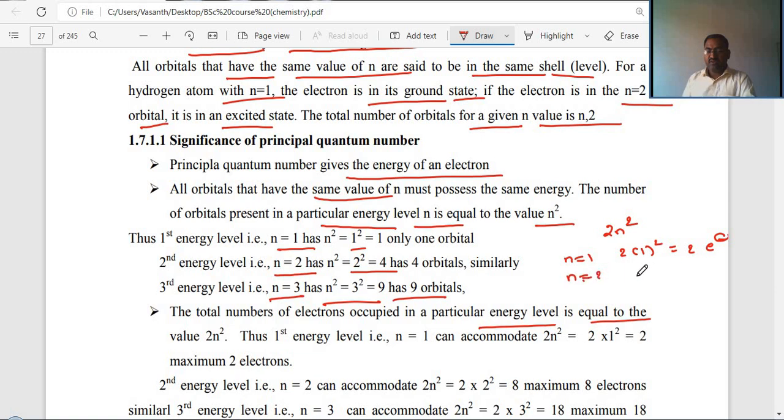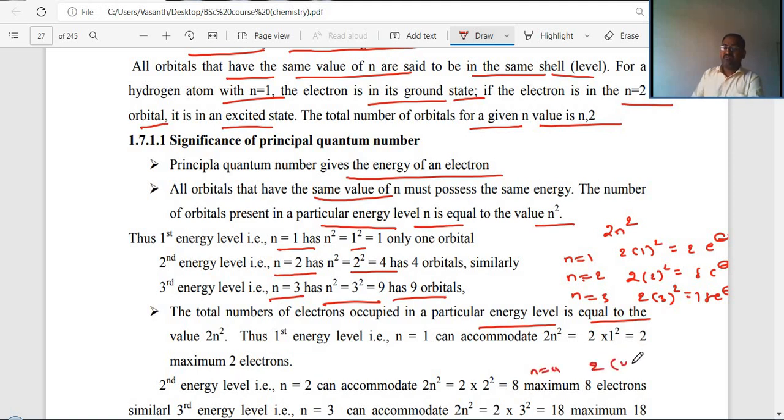If n is equal to 2, we can accommodate 8 electrons. n is equal to 3, we accommodate 18 electrons. n is equal to 4, we accommodate 2 into 4 squared, which means 32 electrons.